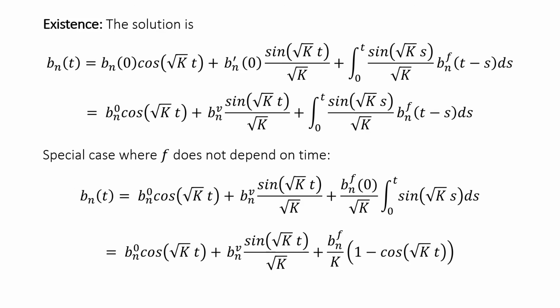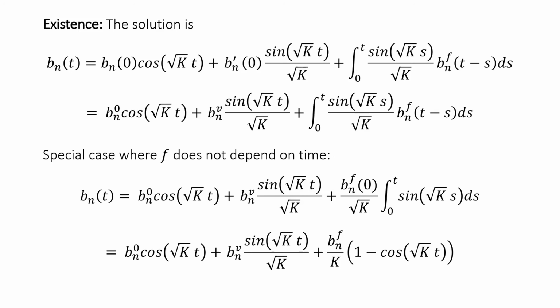The solution is b_n(t) equals b_n(0) times cosine(√k t) plus b_n'(0) sine(√k t) divided by √k, plus the integral from 0 to t of sine(√k s) divided by √k times b_n^f(t − s) ds.